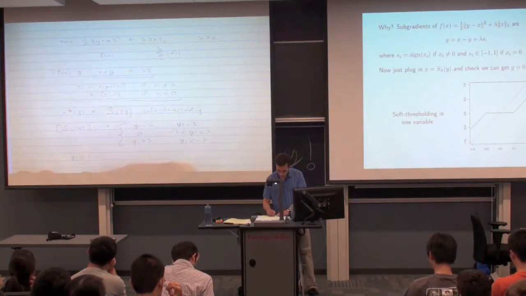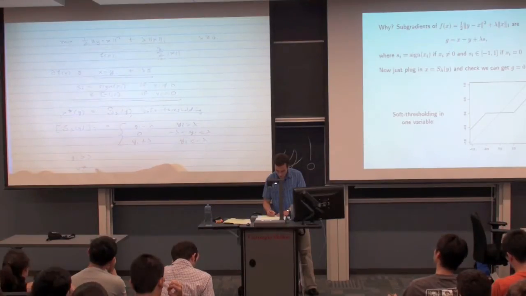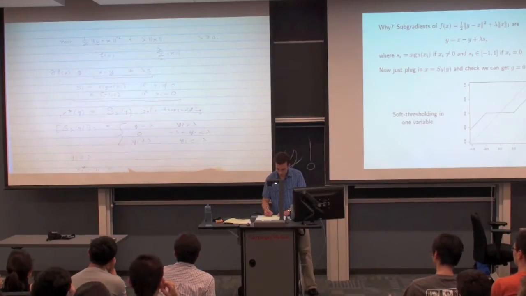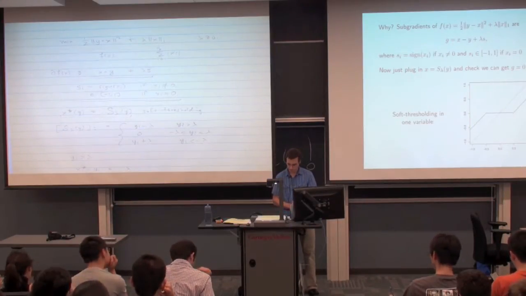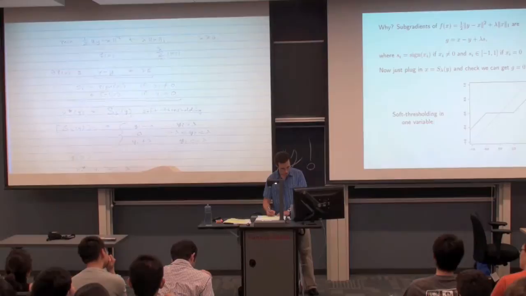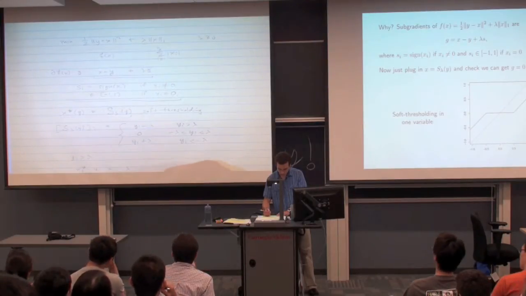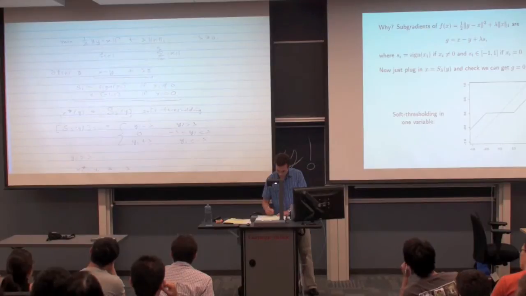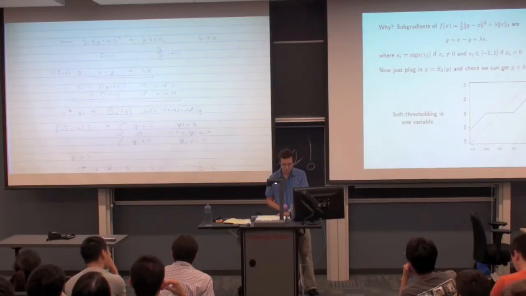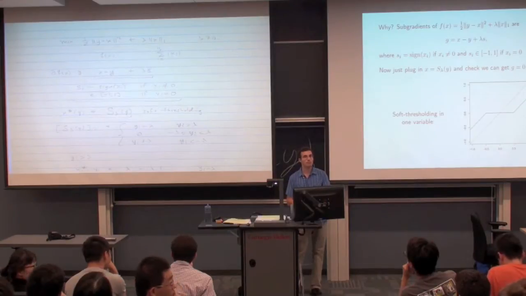In that case, x star i minus yi is equal to minus lambda. And the subgradient at x is just 1 there. So in the ith component, it's equal to 0.